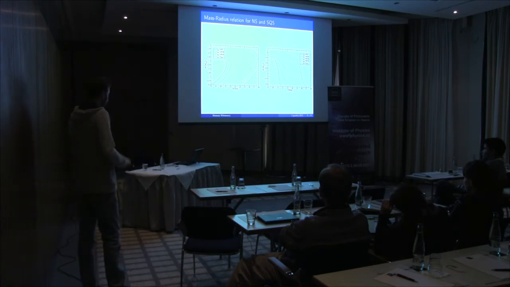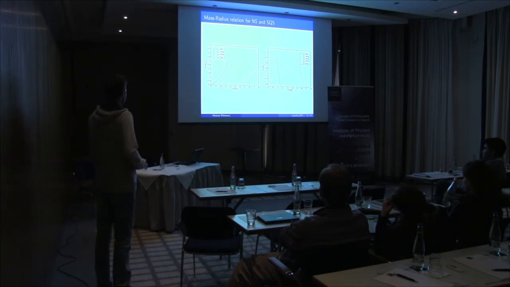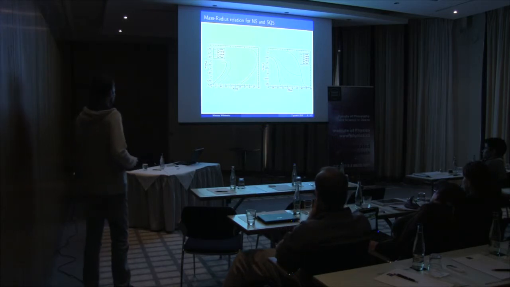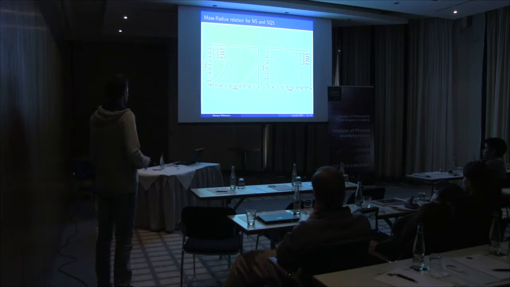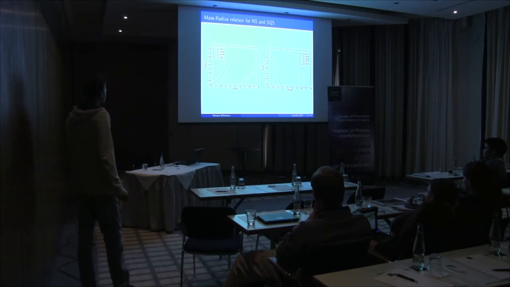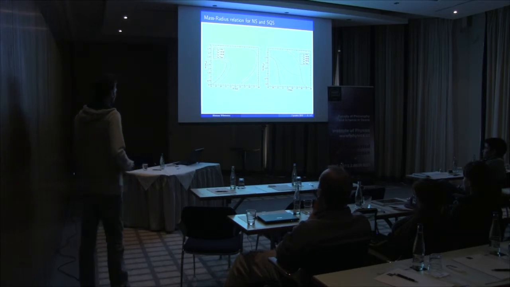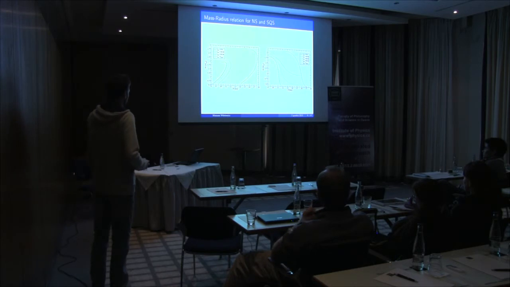Here we see the mass-radius relation for the two equations of state. The black solid line corresponds to the non-rotating case, the red solid line to the Keplerian angular velocity, and the dashed line corresponds to different spin frequencies of the star.